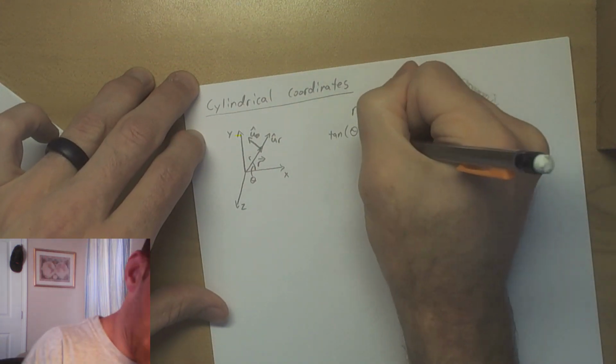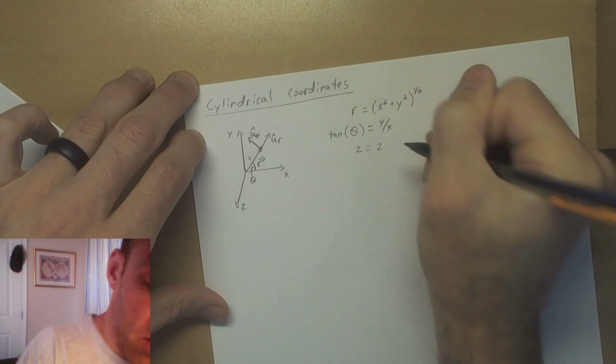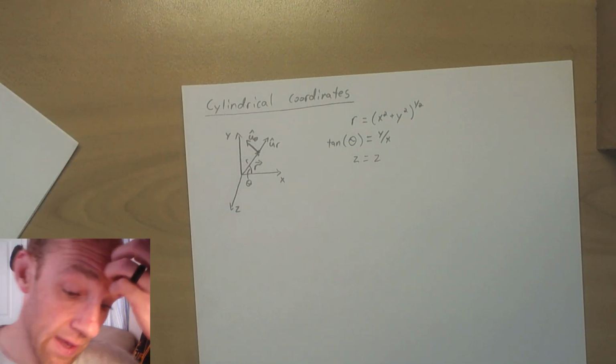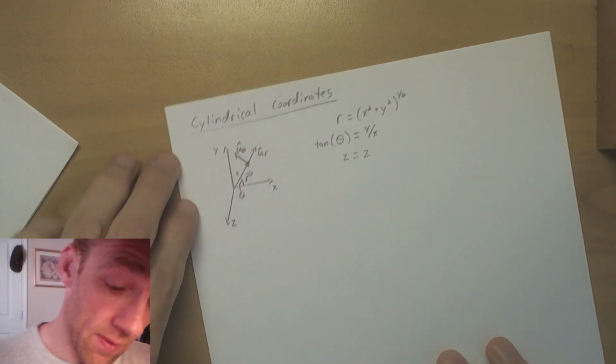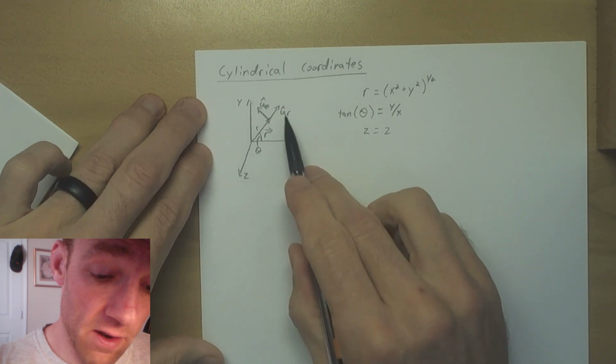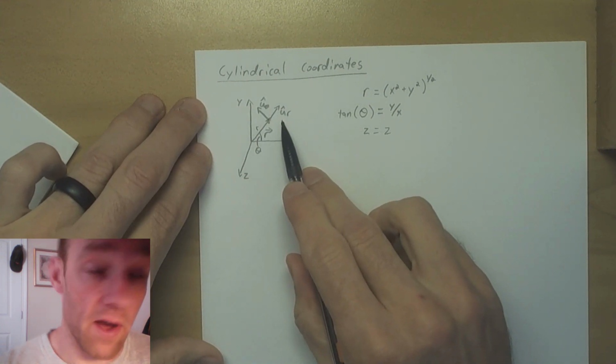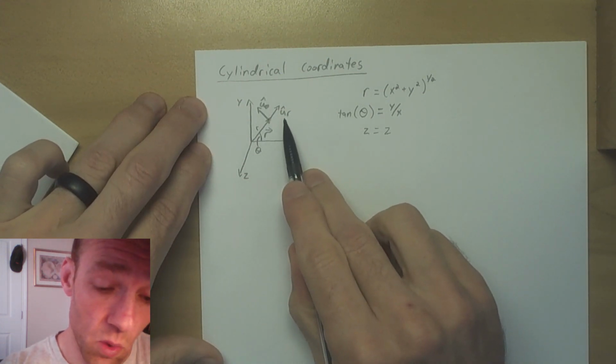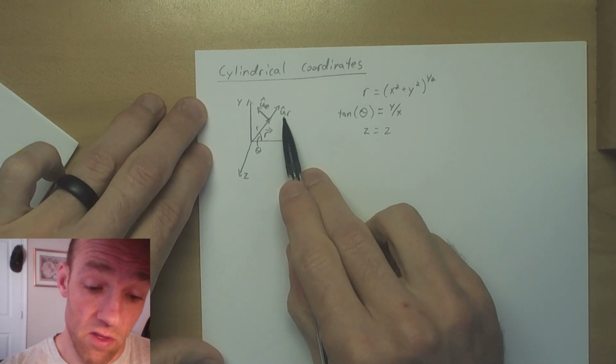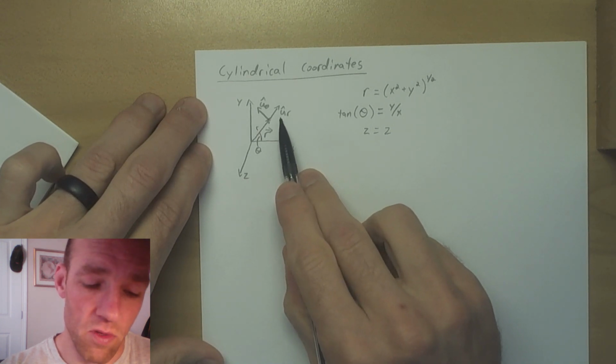And then the z coordinate is just equal to the same as the z coordinate. Now, it's going to be useful for us. We have a different set of basis vectors that we define things. So we have the u. The book uses this notation.